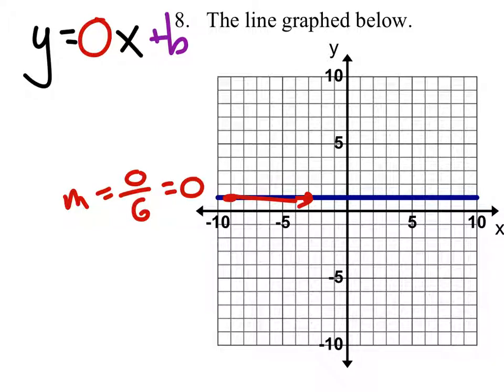Now I need to identify the y-intercept, which is right about here. That's at the point (0, 1). So I can replace my b with 1. Now 0 times anything is going to be 0, so that really just cancels out, and we get y equals 1.